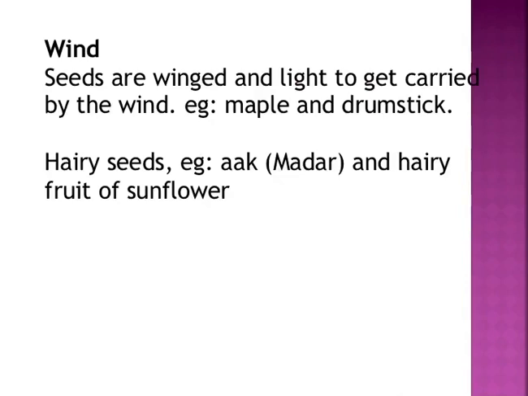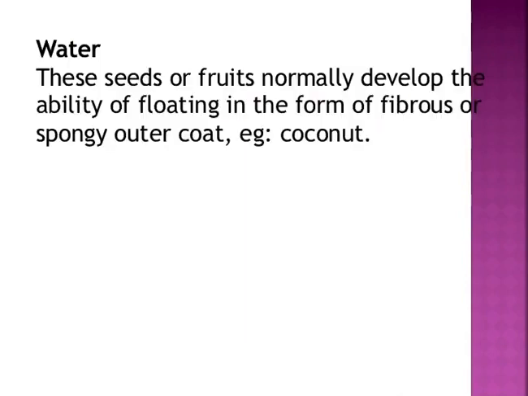Now the next is water. These seeds or fruits normally develop the ability of floating in the form of a fibrous or spongy outer coat. A very common example of water dispersal is coconut. The coconut fruit is a good example in which dispersal takes place by water.